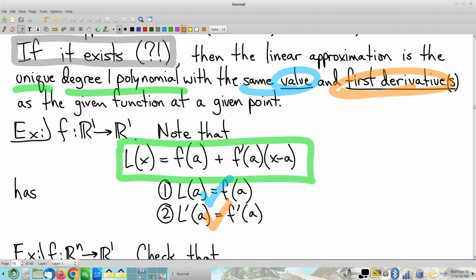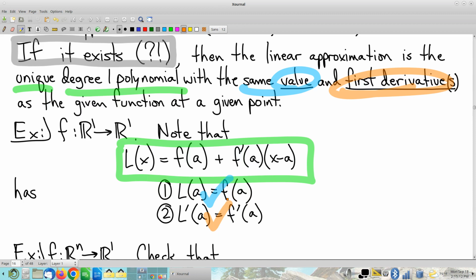So this requirement right here, we're looking for a first degree polynomial that agrees with f in value and derivative. And there is exactly one polynomial that'll do that, if the function's differentiable. Again, we're going to sweep all that formality under the rug for the moment. Is that cool to everybody?